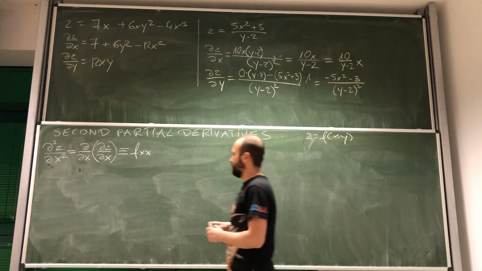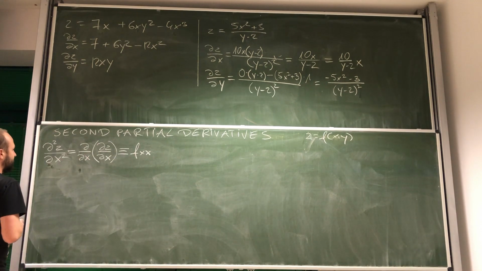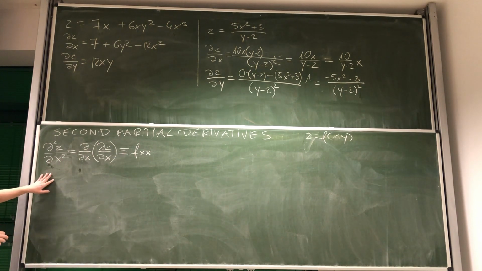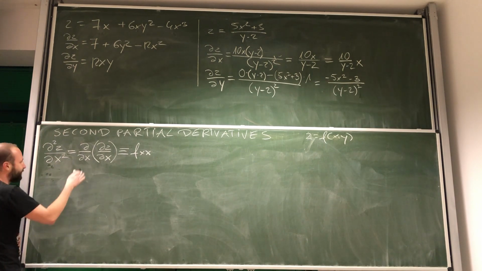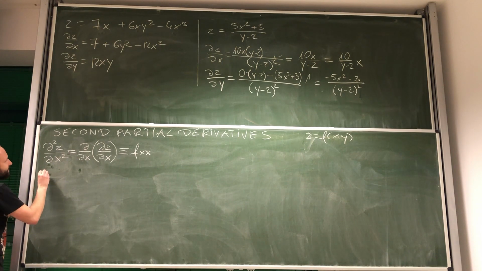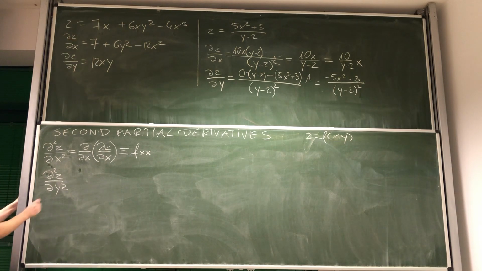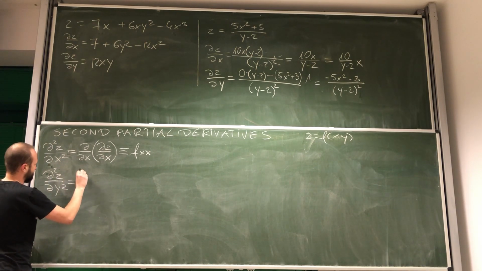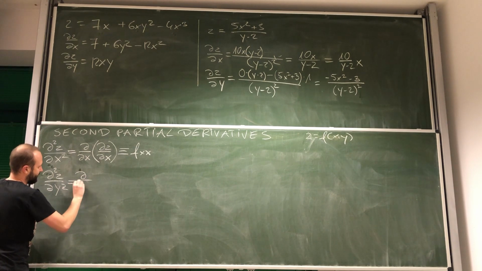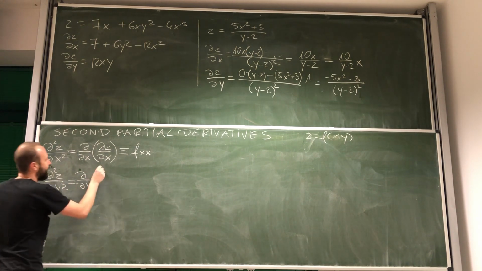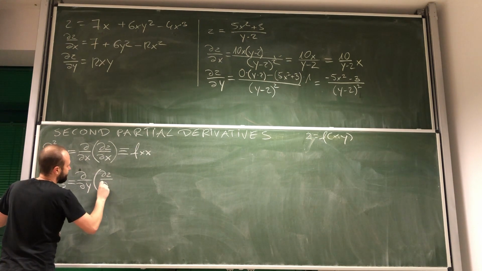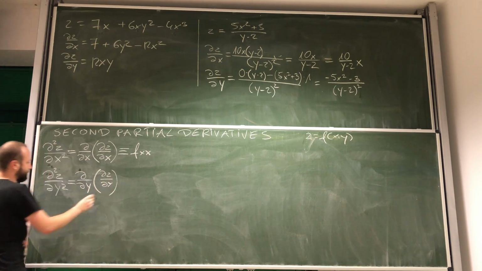Look, I can also calculate the second derivative of dz/dy, and I'm going to obtain d squared z over dy squared, which is the derivative with respect to y, right?